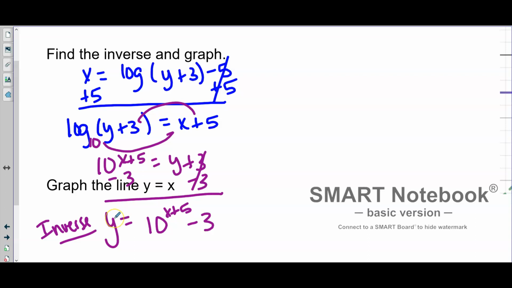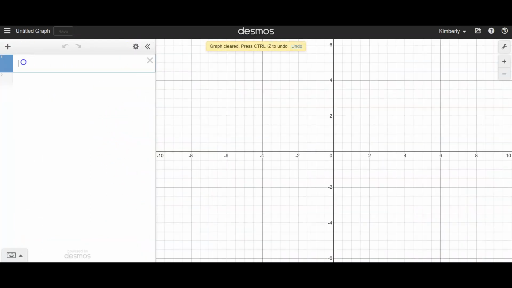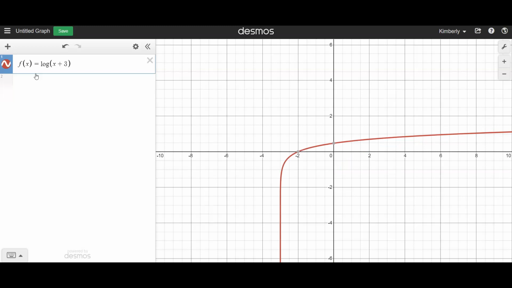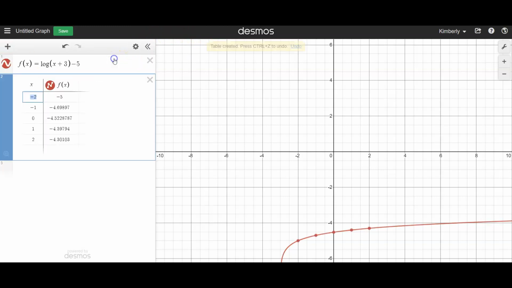And we're going to look at our table of values to make sure that we did find the inverse correctly. Okay, so our log function was f of x equals, that was a base 10, so we don't have to put a base. That's log of x plus 3, and then minus 5. And make a table of values.